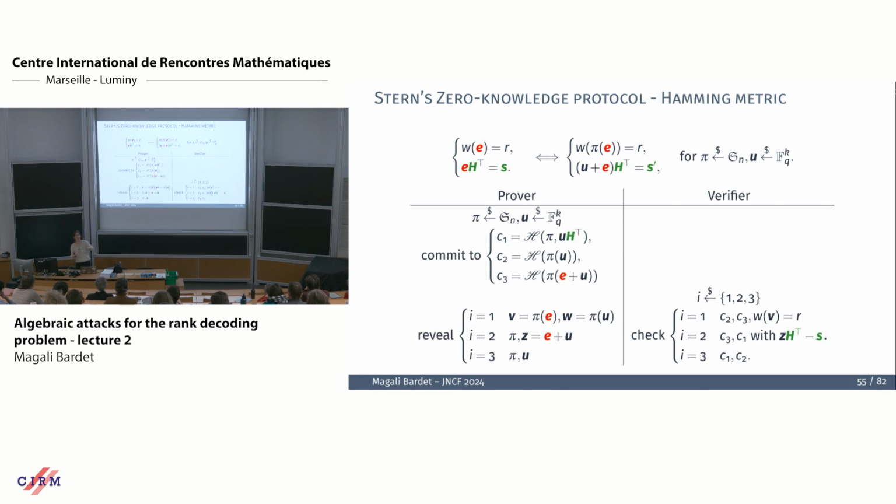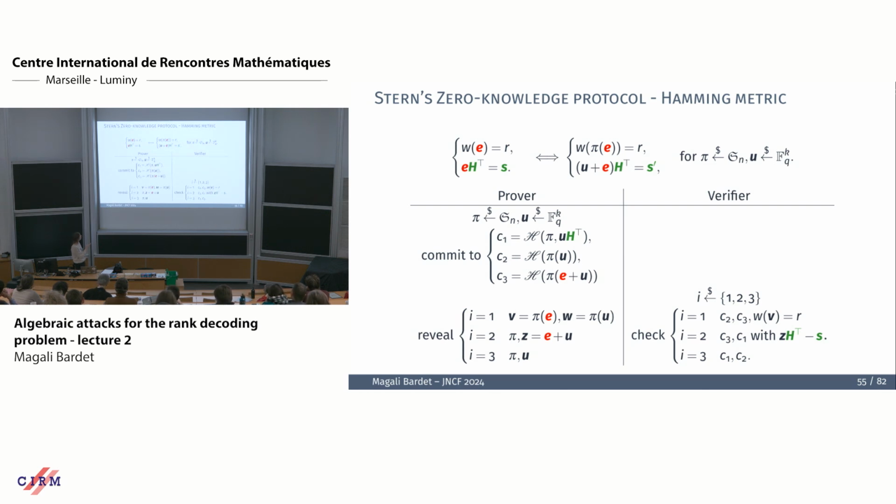But if you give to the verifier the value, he can compute the hash function and check that you had committed to this value before. So you commit to all those values, and if you are able to reveal all those values, it means that you know E, because if you don't, you cannot.